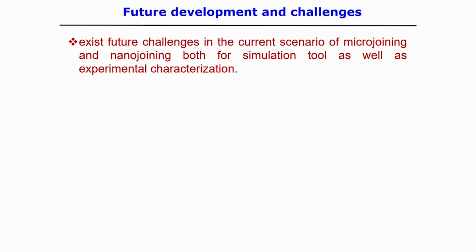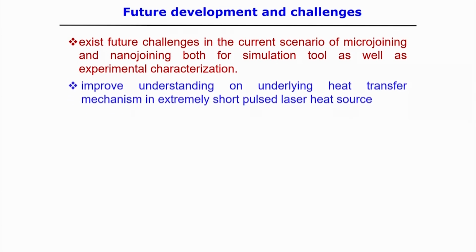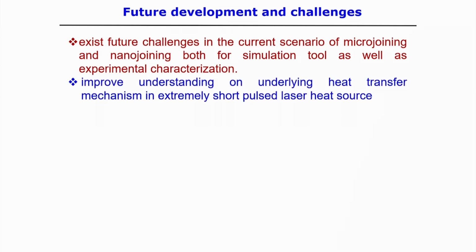Of course, the underlying physical understanding of this process in terms of different simulation tools is also not developed so far, specifically in micro joining and nano joining technology. So, that is one direction that has scope for development.